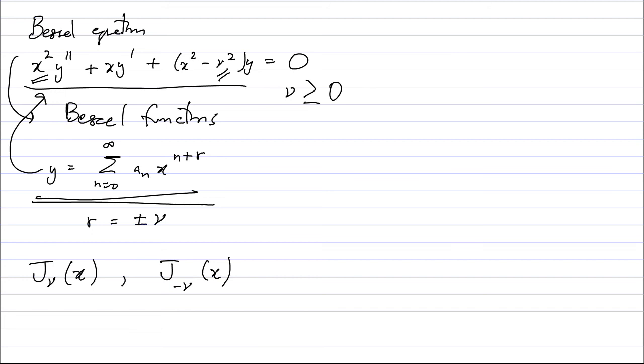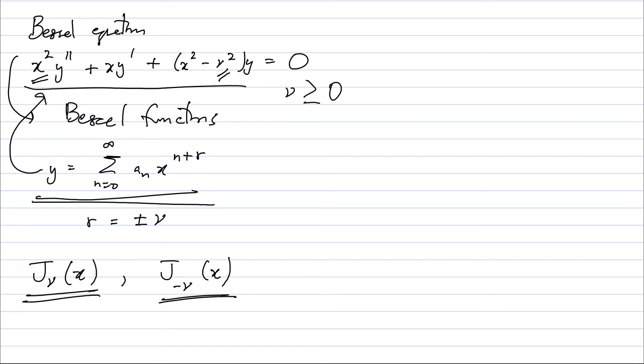But it might be the case that your nu's are not integers, yet the difference between them is an integer. For example, nu can be half, and the other root is minus half. The difference between them is an integer. In such a case, it turns out that J nu and J minus nu are still linearly independent. Then you have the third case where nu is an integer.